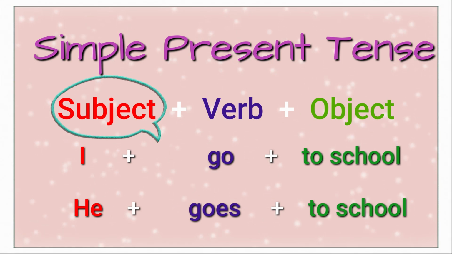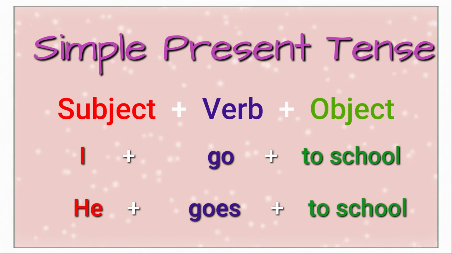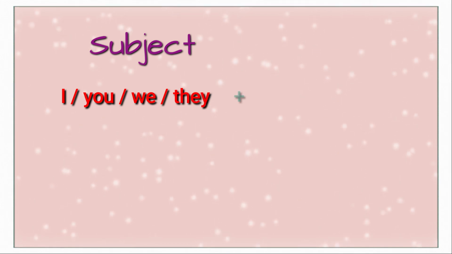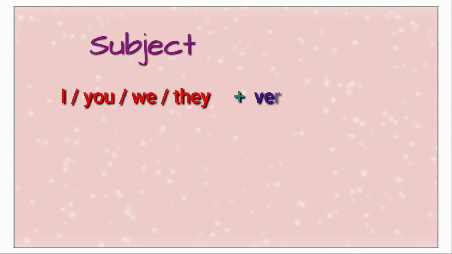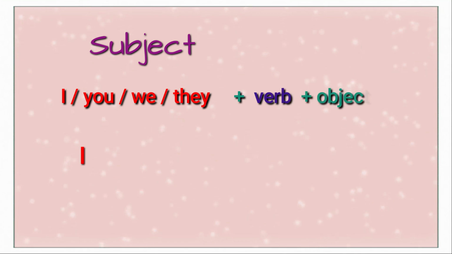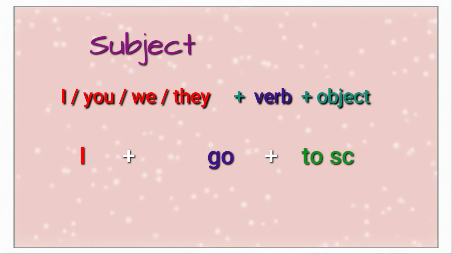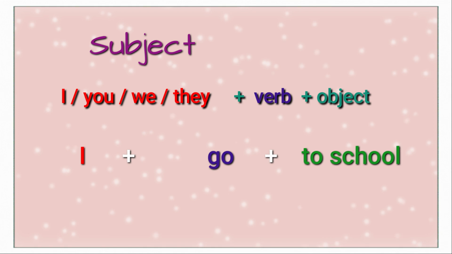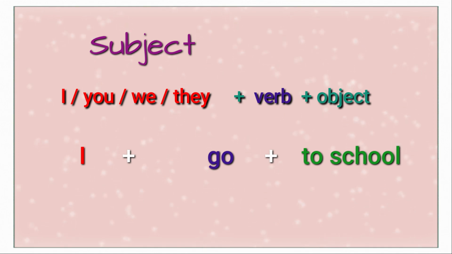Let's know how it changes. When subject is I, you, we and they, then only the first form of verb is used. As in the first sentence we have seen, I go to school. The first form of verb is go and go is used in the sentence.